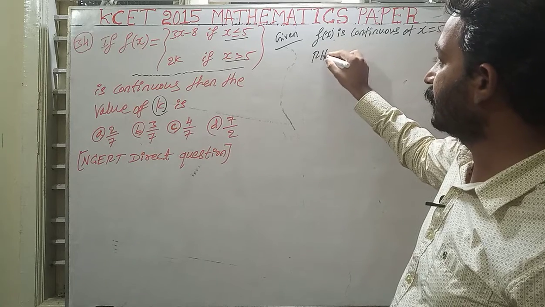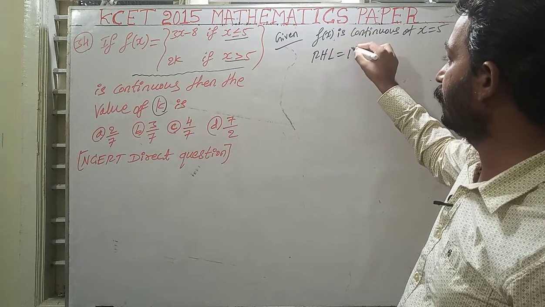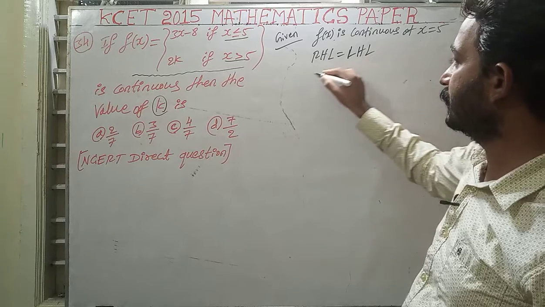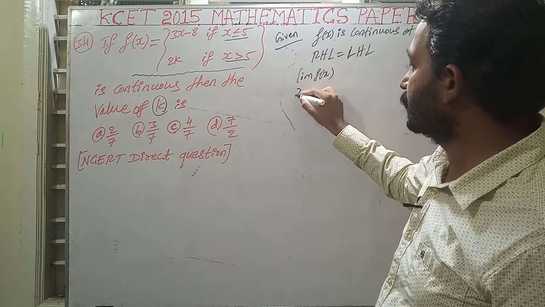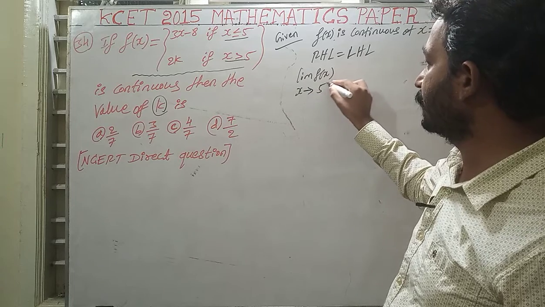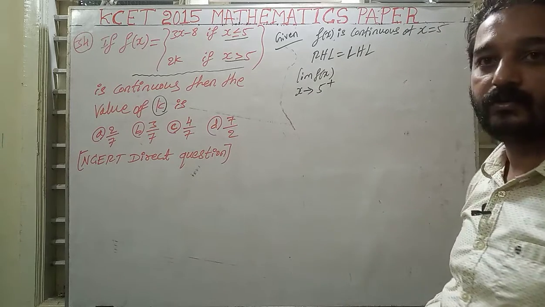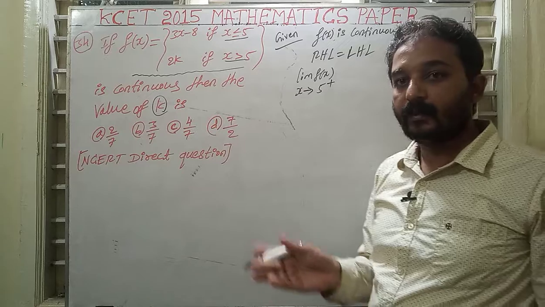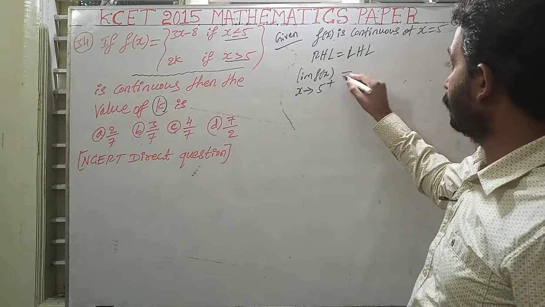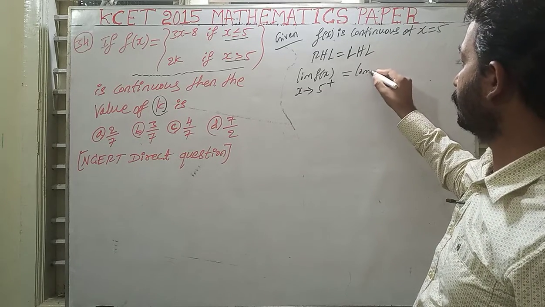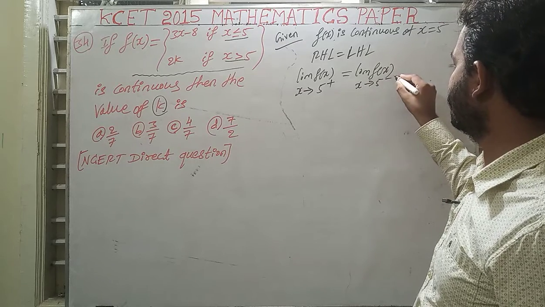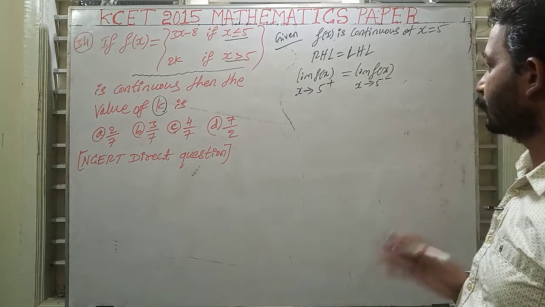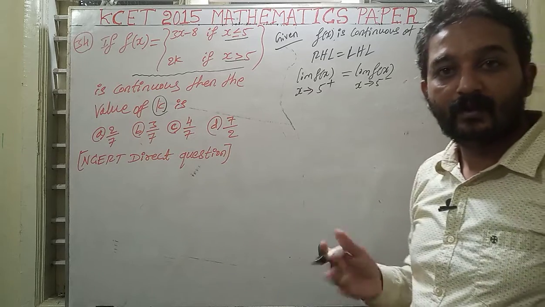For convenience we take RHL is equal to LHL. So RHL means limit f of x tends to 5 plus, so x values approach 5 from right hand side, is equal to LHL, limit f of x tends to 5 minus, so here x values approach 5 from left hand side.